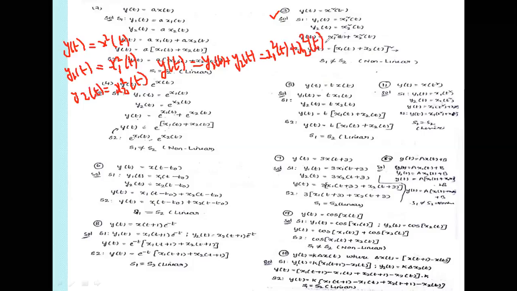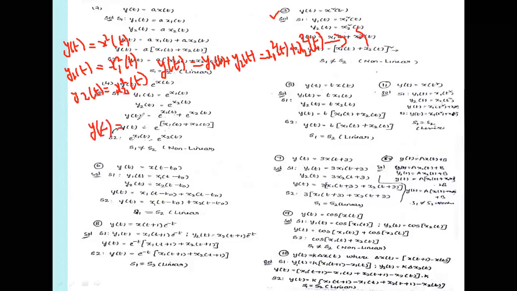Okay, let this be S1. Now, what is S2? S2 means before the signal is applied to the system, you add the two signals.